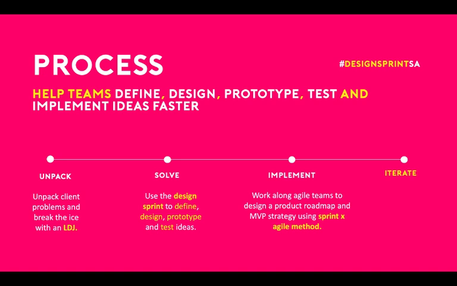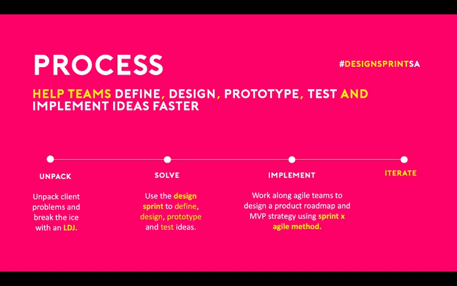So let's say when we unpack in the LDJ, the quick wins will be changing your copy, and probably the bigger stuff will be like, okay, we need to change a whole navigation menu or something big in an app or in a digital product, right?